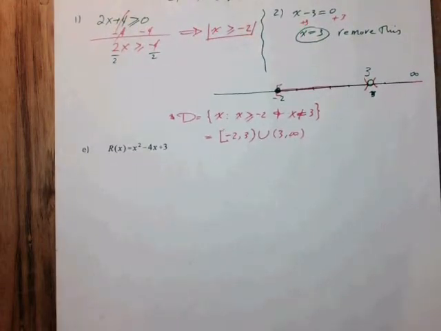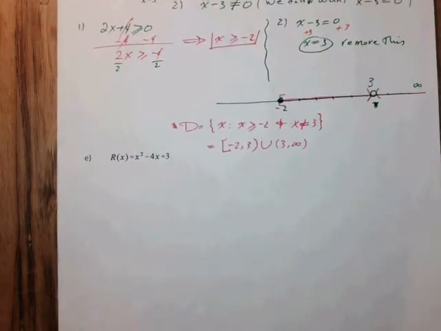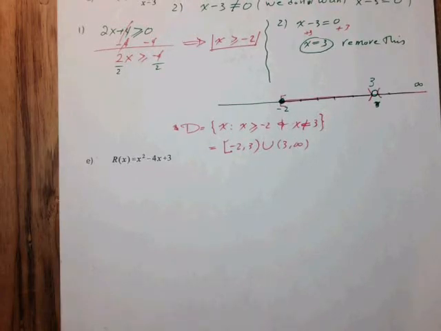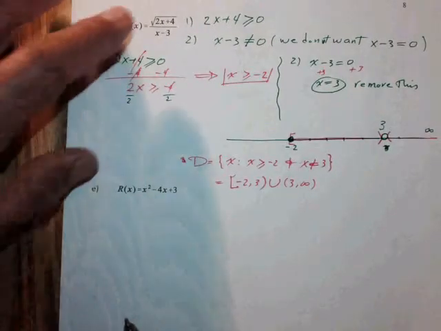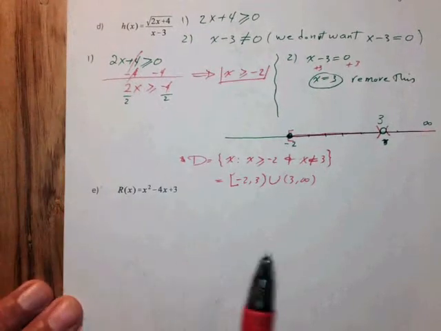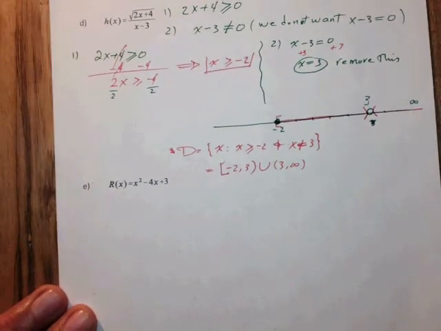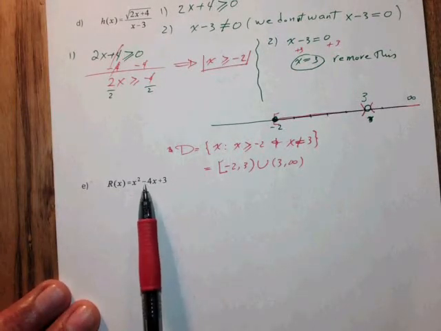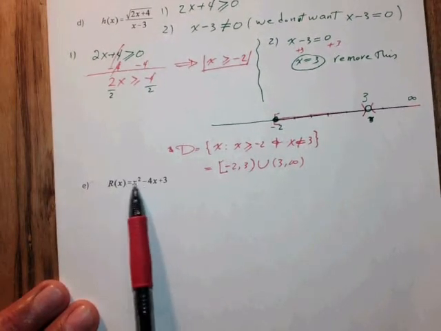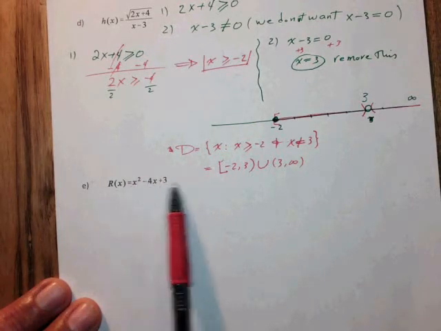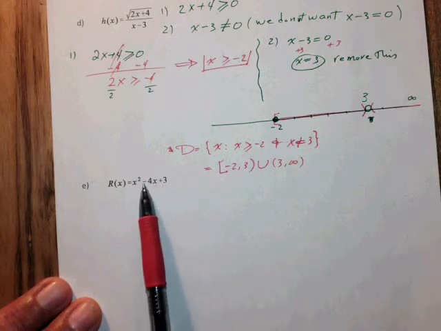The next example, see, the only time you have to worry about restrictions is when you have a radical sign or a denominator. And in many problems, until we get to logarithmic and exponential functions, if you don't have a radical sign, or if you don't have a denominator involving x, then the domain is all of the real line.